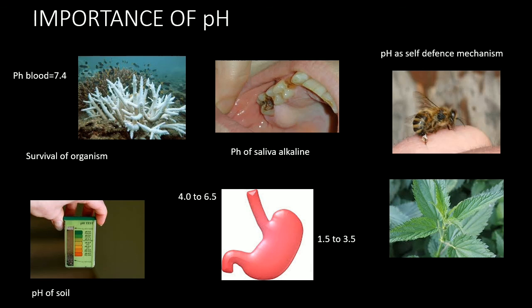Fishes will not survive in an acidic environment. Fishes will die out. So acid rain has a very negative effect on the survival of organisms. So the pH of soil, the pH of lakes, and the pH of the human body are all very essential.